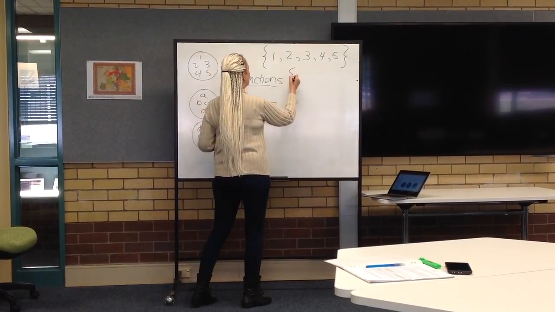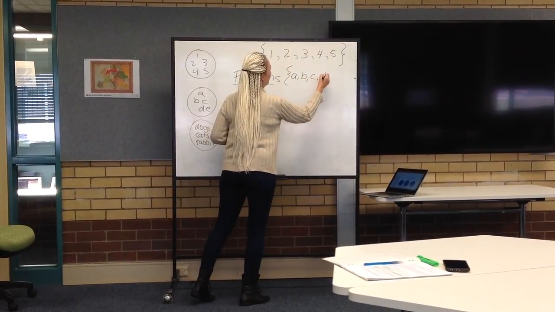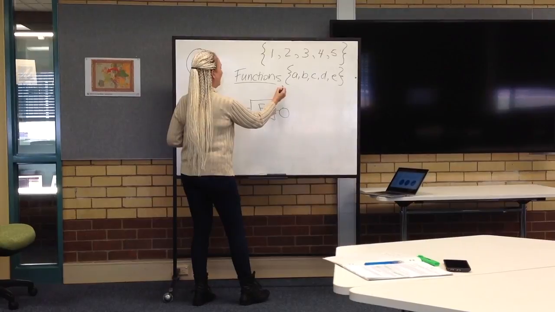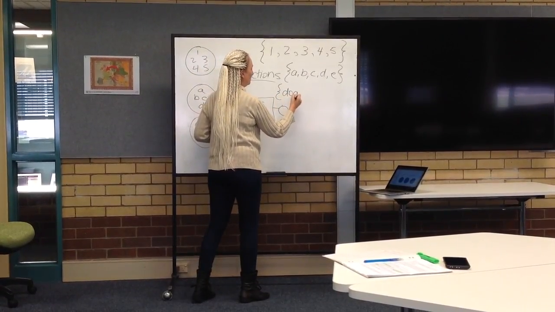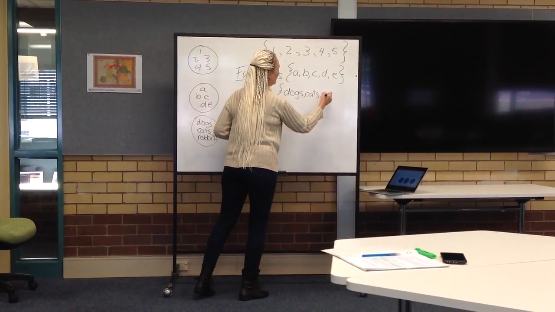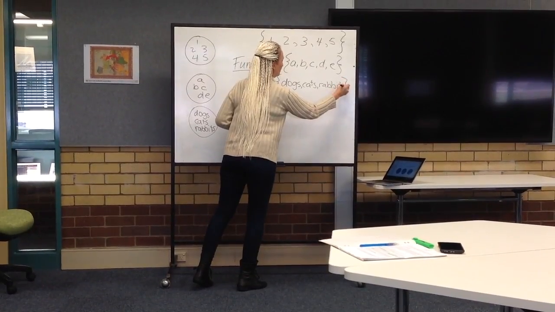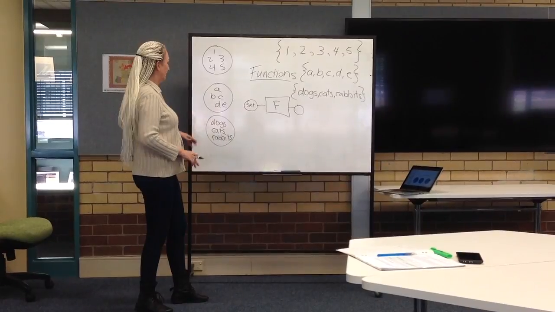And we can also do a set of letters. And the last example that I had was dogs, cats, and rabbits. So that could be a set of words. Okay?